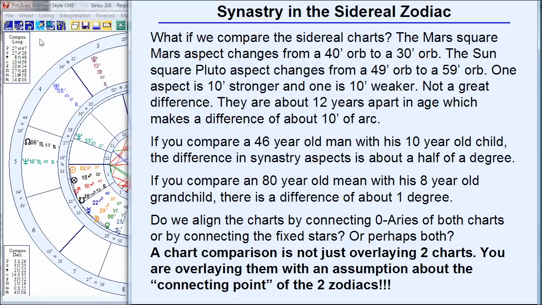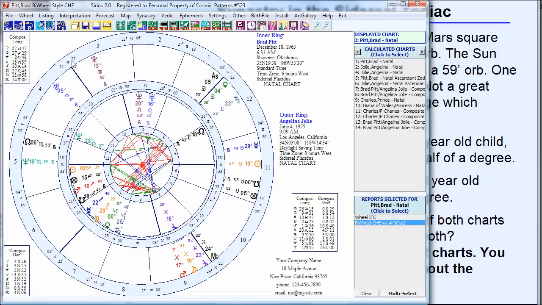And what's actually happening when we look at these biwheels is we tend to think that we've overlaid the two skies on top of each other. The sky when Brad was born on top of the sky when Angelina was born. But it's not exactly what we're doing.